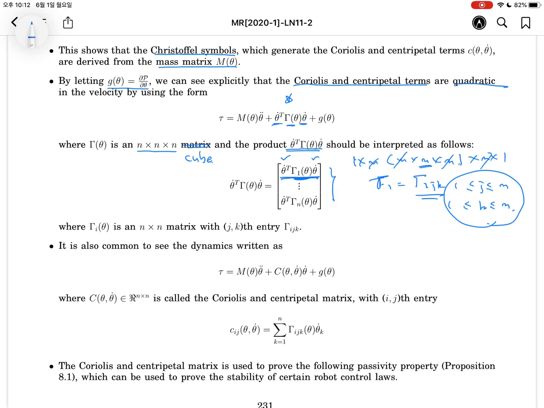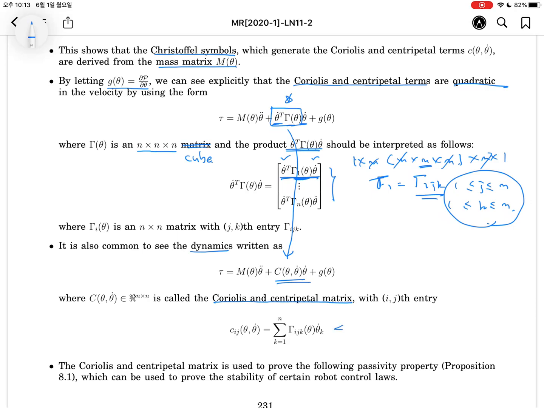Almost every robotics textbook writes the dynamics like this. Here, these two terms can be replaced with the C matrix. This matrix is called the Coriolis and centripetal matrix.